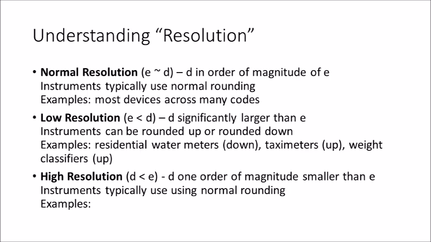That brings us to the high-resolution instruments, the ones that are subject of this presentation, and here we see that the scale division D is an order of magnitude smaller than E. Instruments of this type typically use normal rounding, and I'd like to point to a couple of examples.